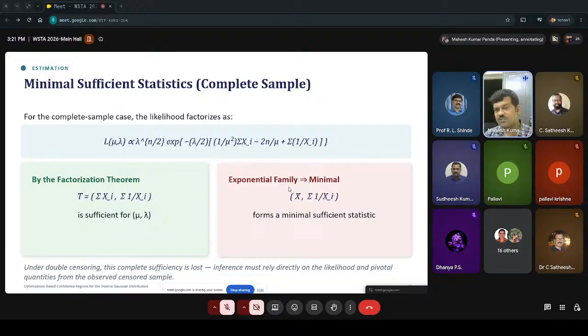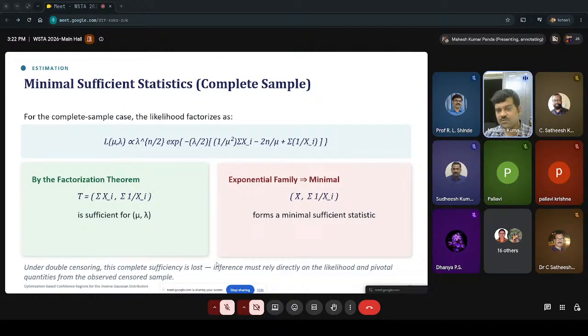Then one can use the exponential family result and see that x bar and the summation of 1 by xi are minimal sufficient statistics for this distribution. So these two are jointly minimal sufficient statistics for mu and lambda.